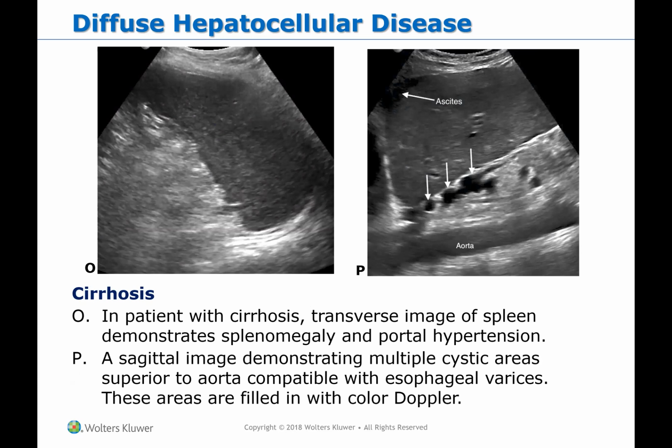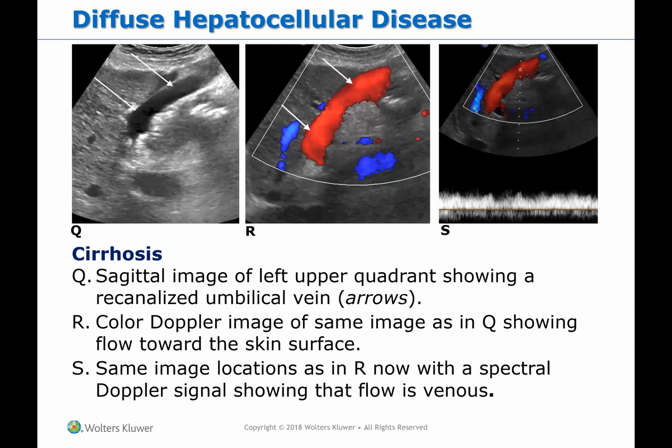In a patient with cirrhosis, a transverse image of the spleen demonstrates splenomegaly. And you can see on P, that sagittal image demonstrates multiple cystic areas superior to the aorta compatible with esophageal varices. So some collaterals there. Another crazy thing that can happen with cirrhosis is that the umbilical vein can recanalize.